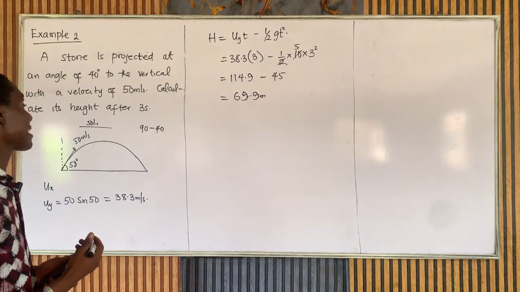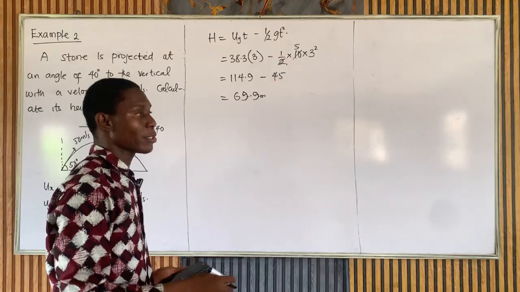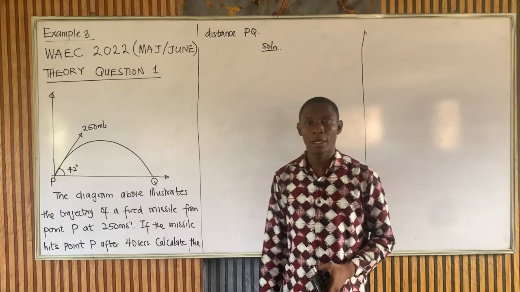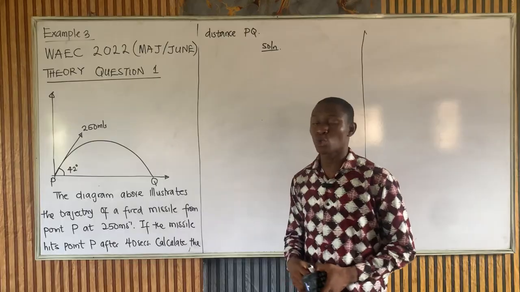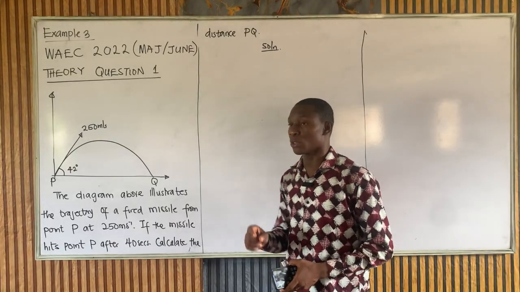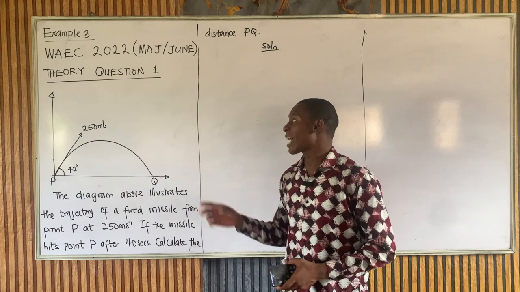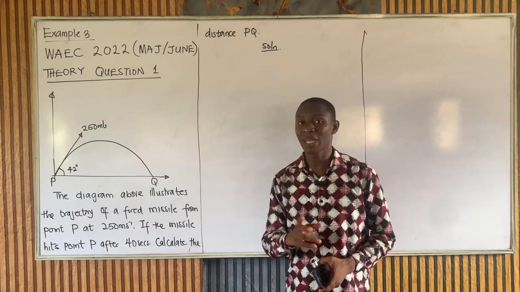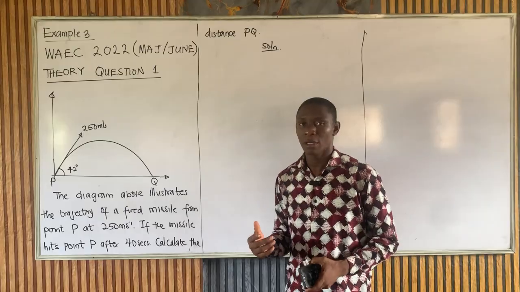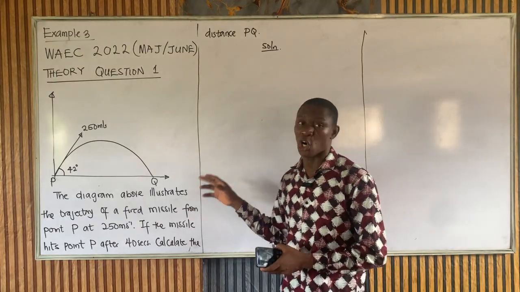Let's take example 3, a question on projectile that we cannot solve with our equations for projectile. Example 3. This is WAEC 2022 major question, theory number 1. Now, if you've read motion with any of your conventional secondary school textbooks, I'm sure you will not be able to solve this question. Many students got this question wrong.